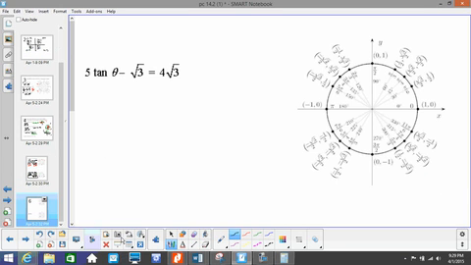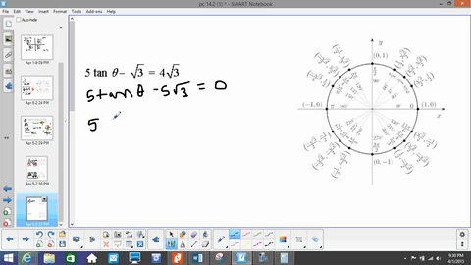All right, let's do one more. Actually, we're probably going to do 2 more. Here, start by subtracting 4 radical 3. When you do that, you get 5 tangent theta minus 5 radical 3. Well, your GCF there is 5.